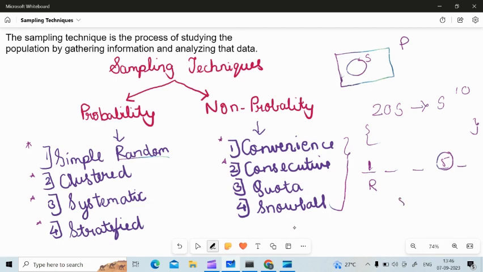I can select after every fifth person, or after every second person, it's up to us. If I select a person after every second interval, it needs to continue the same way till the end of the people.